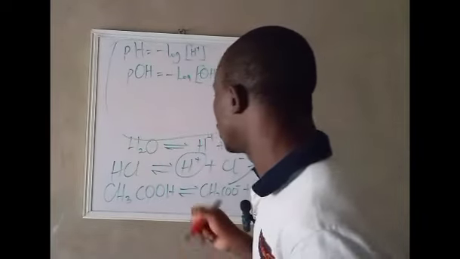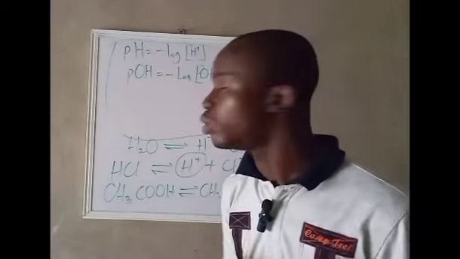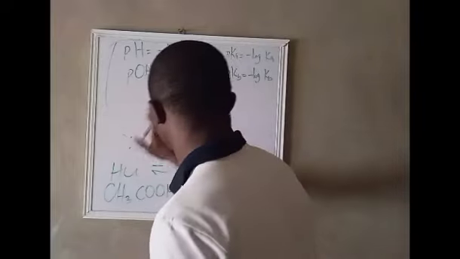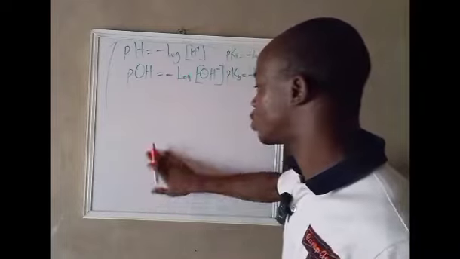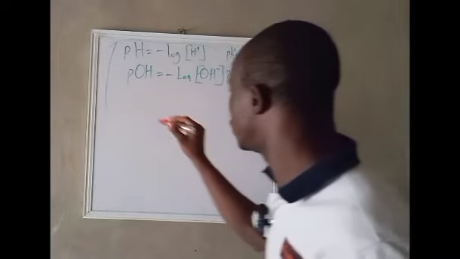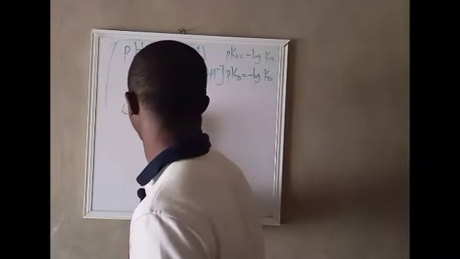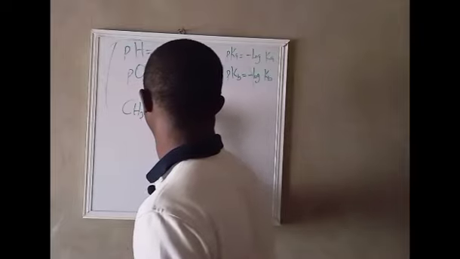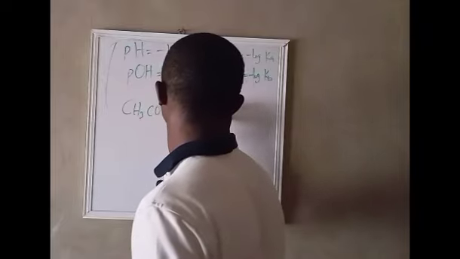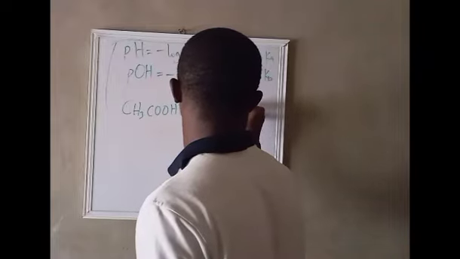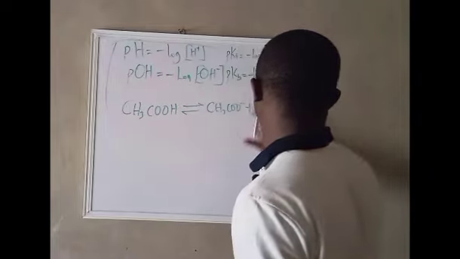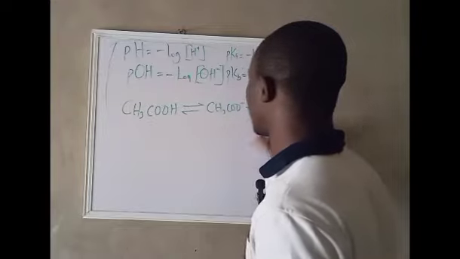Basically, to do that, you always have to write an expression for that particular weak acid. So in a way, I can have CH3COOH giving us CH3COO minus plus H plus.